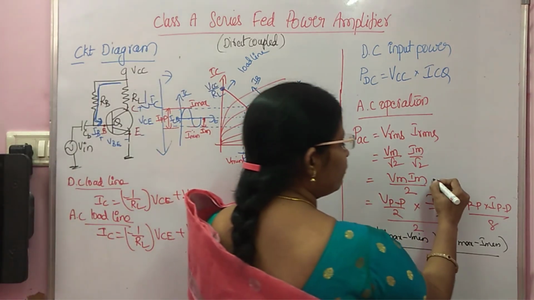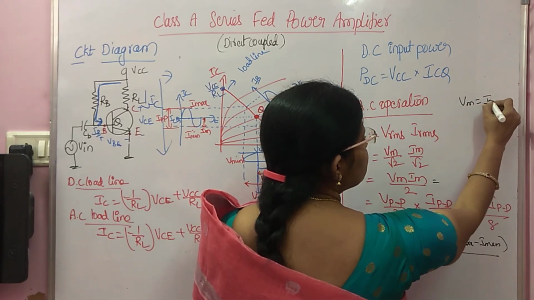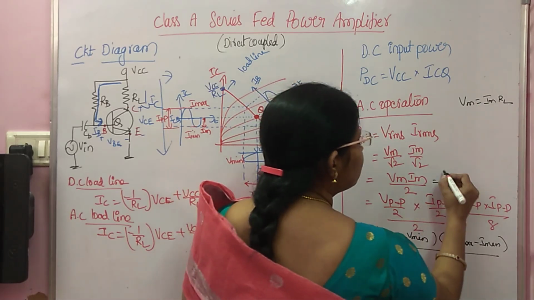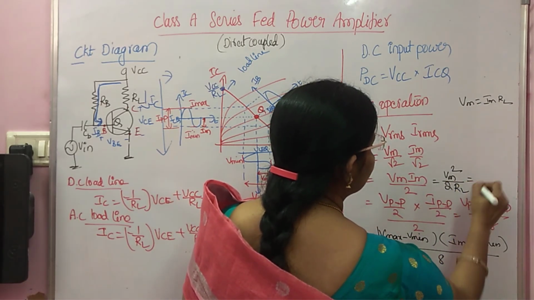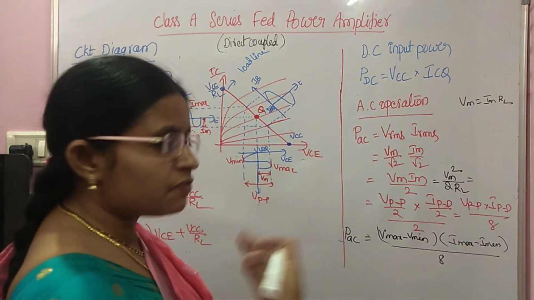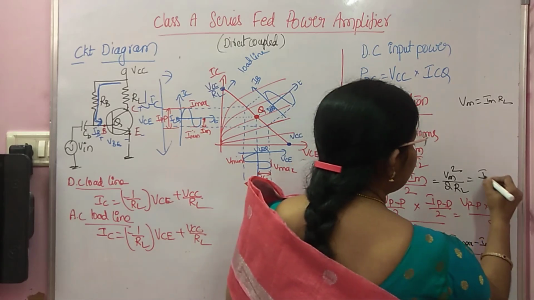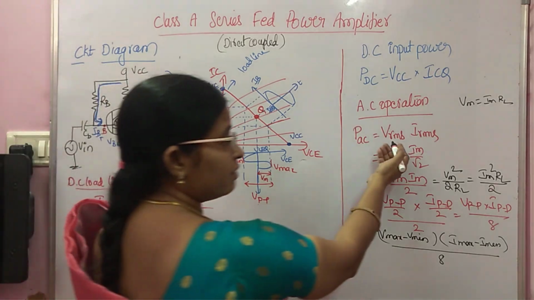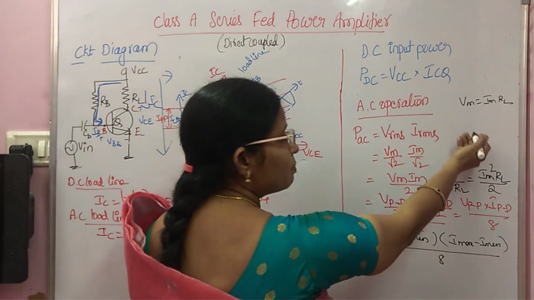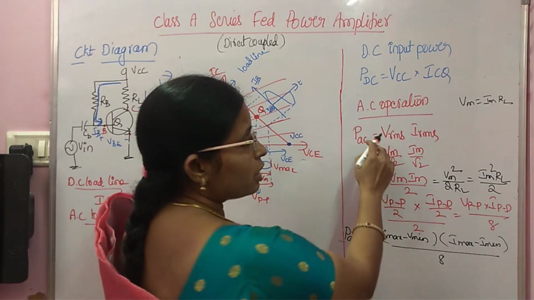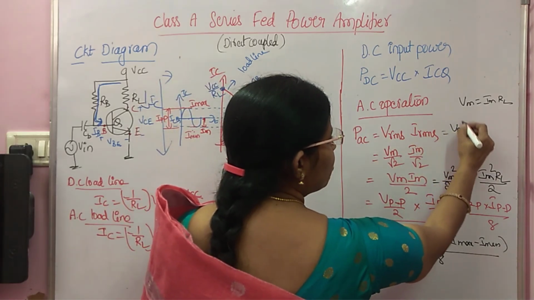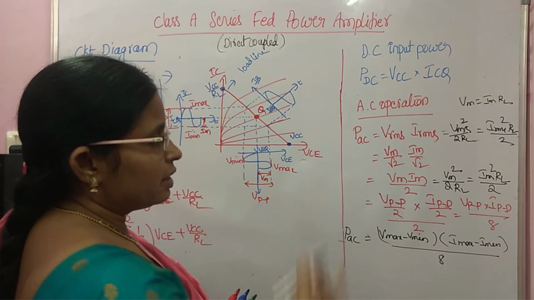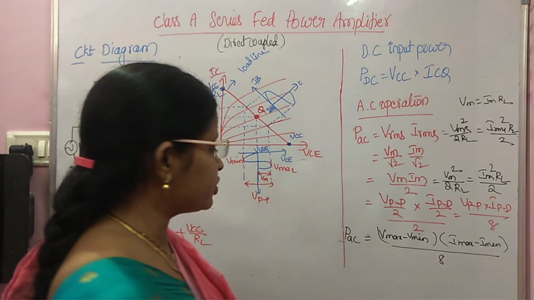For example, Vm is Im RL, so substituting for Vm gives Im square RL by 2, or you can write VRMS as IRMS into RL, and then it becomes VRMS square by 2RL. But this is enough to find the efficiency.